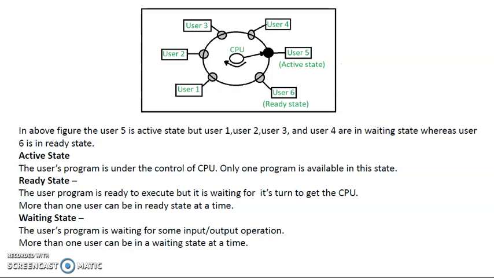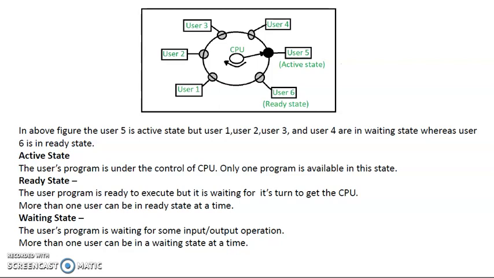You can see user 5 is in an active state and it is under the control of the CPU. Then user 6 is in a ready state. The user program is ready to execute, but it is waiting for its turn to get the CPU. Whenever the process of user 5 is executed, after that user 6 is able to execute its process.